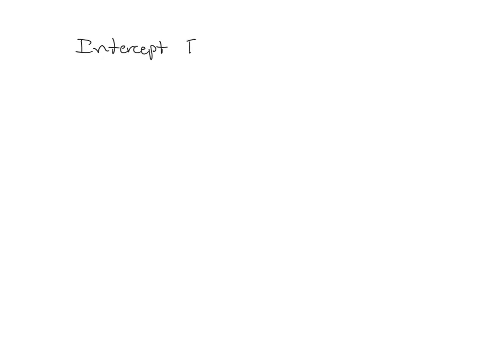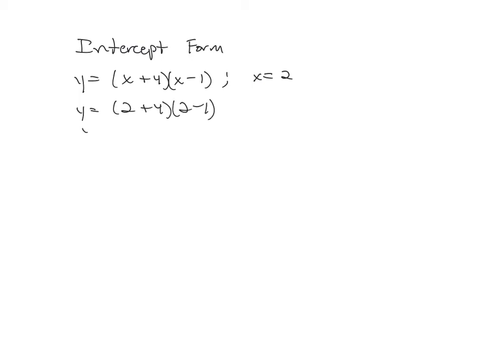With what's called intercept form. These ones all look very similar to each other. They look like they've been factored. So 2 plus 4, 2 minus 1. 2 plus 4 is 6. 2 minus 1 is 1.